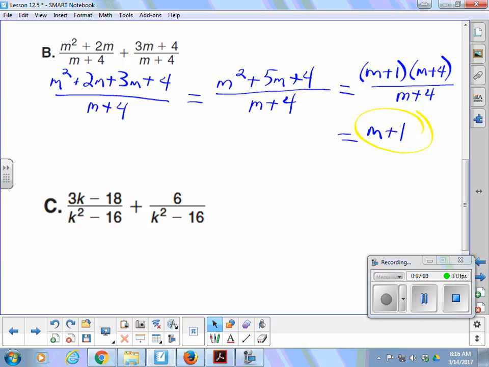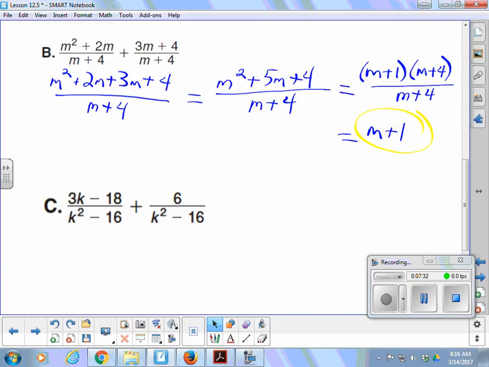What are the factors of 16? 1 and 16, 8 and 2, what else? 4 times 4. If I do 4 minus 4, you get 0.